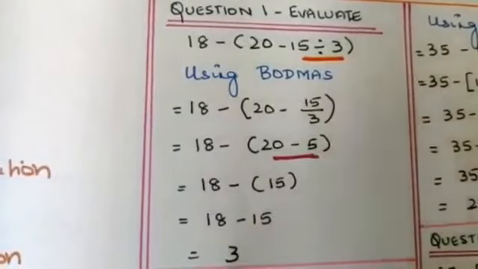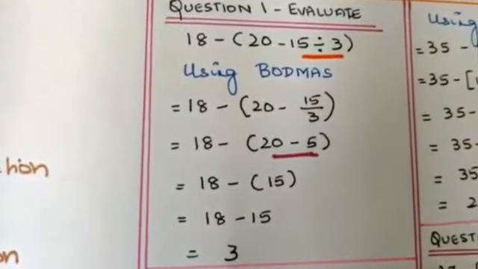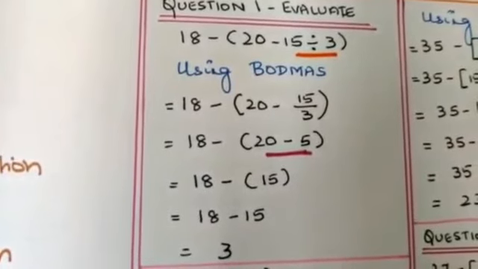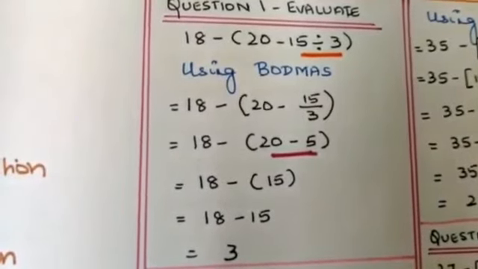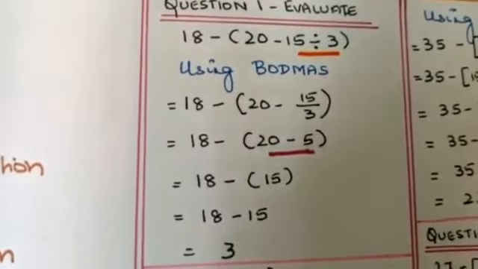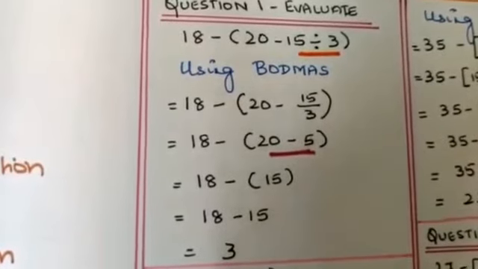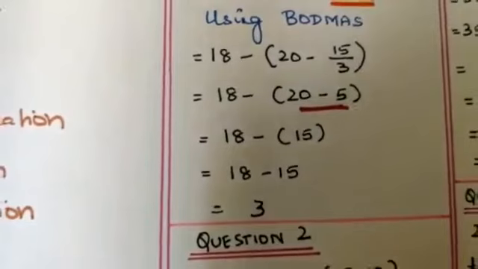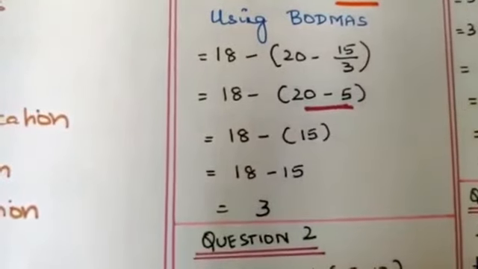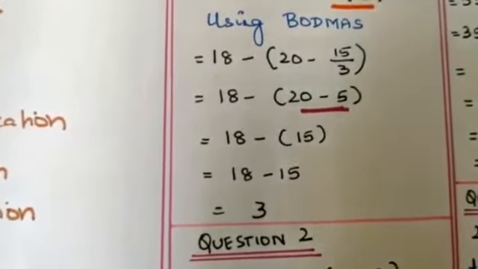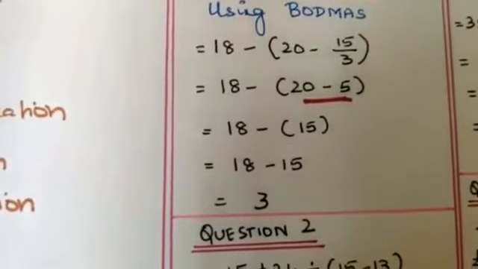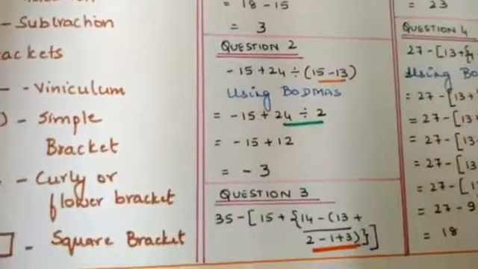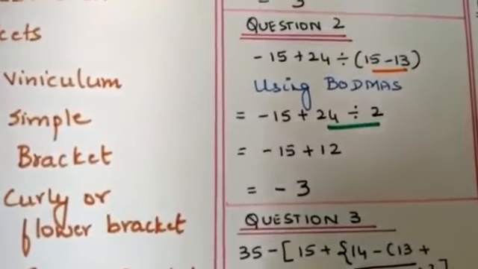Using BODMAS, the first operation we need to do is division, and I have used different colors for the operations that we are solving and the brackets that we are removing, so that it's easier for you to understand, kids. So using BODMAS, we get 18 minus (20 minus 5). Now removing the brackets, it becomes 18 minus 15, and the answer is 3. Very simple if you understand the concepts of BODMAS.